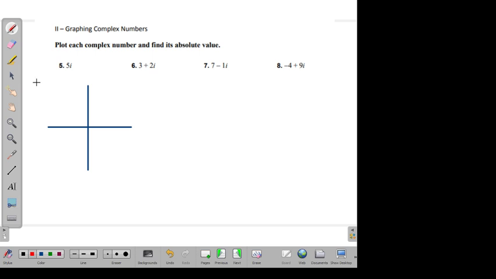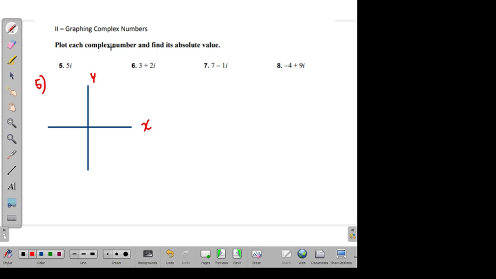All right, let's do number 5 here. If you look at this, my friends, we have the x-axis and the y-axis.